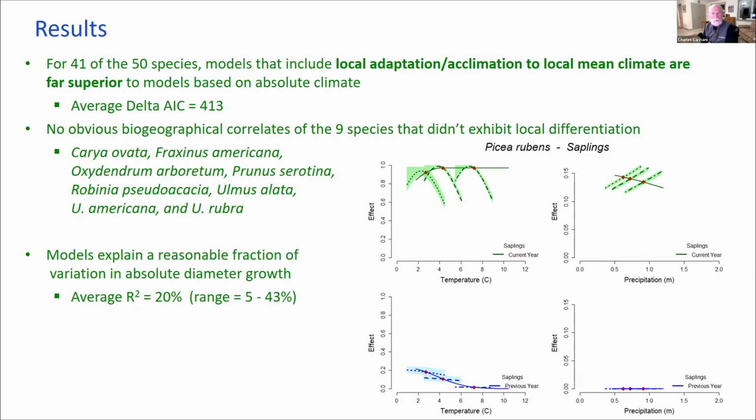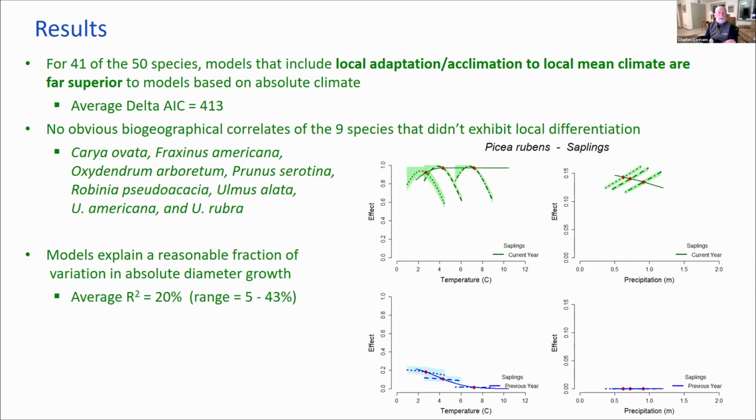So here's an example with saplings of red spruce. The temperature is on the left, precipitation on the right. And it's important to note that dendrochronologists have been for years fitting models that look at both current and previous year effects, given the nature of carbohydrate economy in trees and the importance of carbohydrate stores from the previous year for growth the next year.